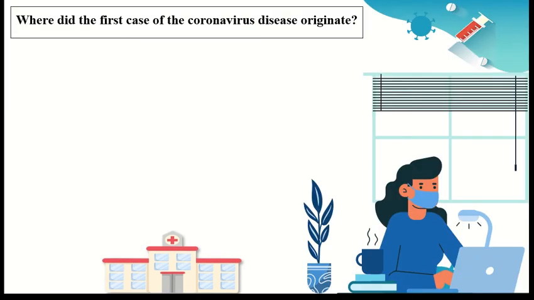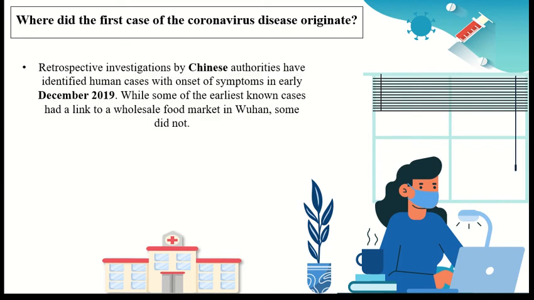So now the question arises: where did the first case of coronavirus disease originate? Retrospective means looking back on or dealing with past events or situations. So retrospective investigations by Chinese authorities have identified human cases with onset of symptoms in early December 2019, while some of the earliest known cases had a link to the wholesale food market in Wuhan, and some did not.